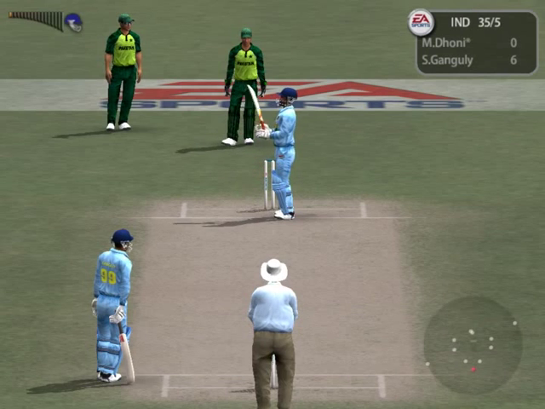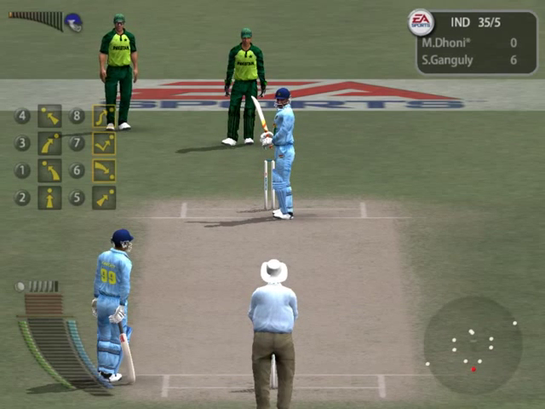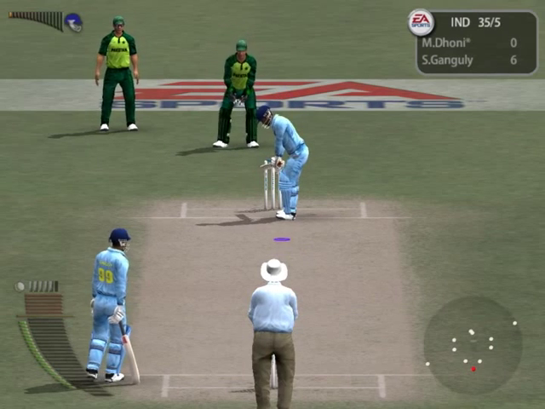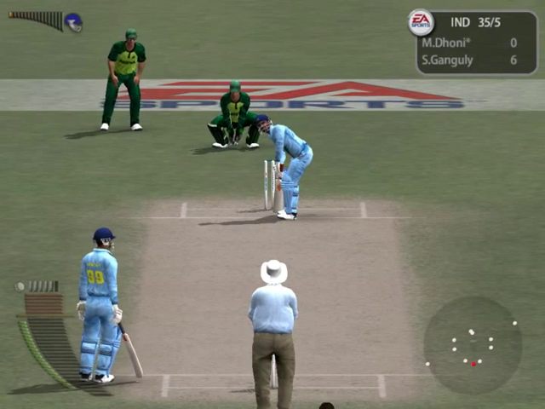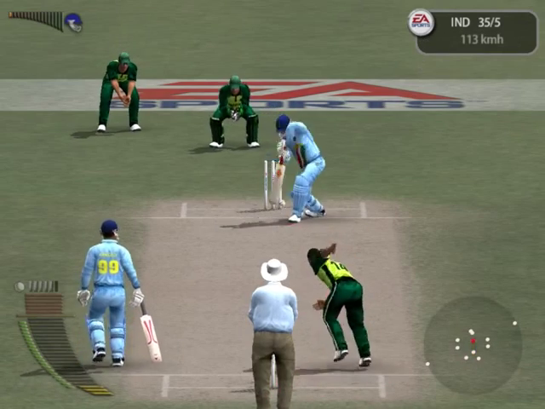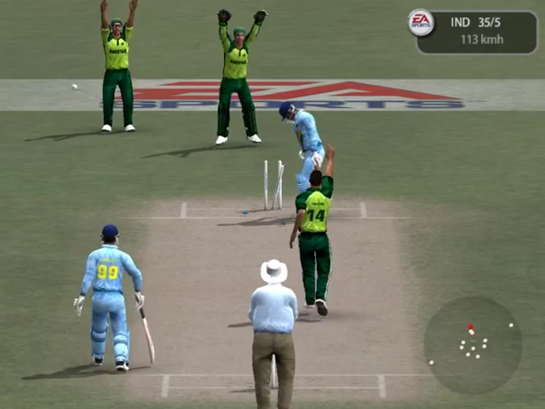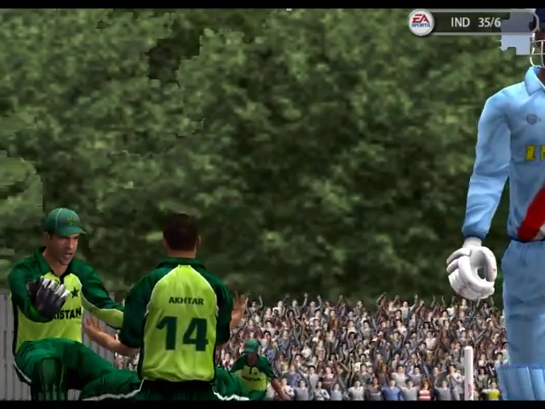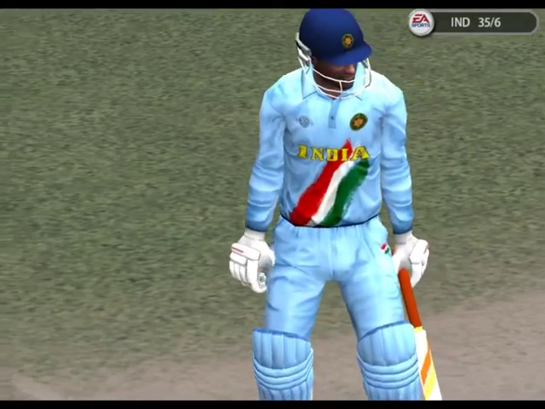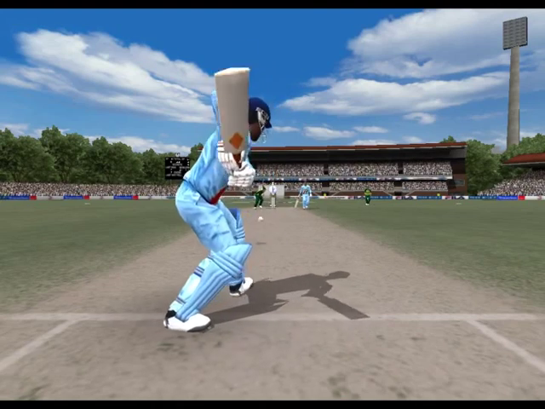Shoaib Akhtar, the ball to Dhoni. Done him all ends up. What a great sight for a bowler. Stumps flying in all directions. Shoaib Akhtar gets his 4th wicket. This was how the wicket fell.